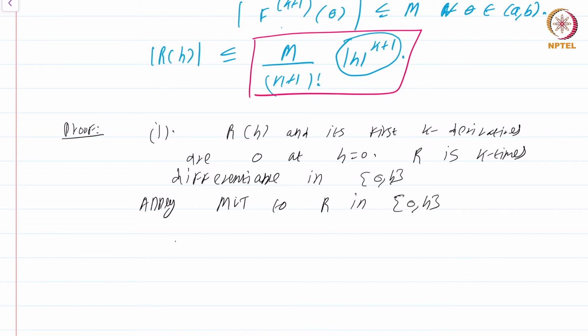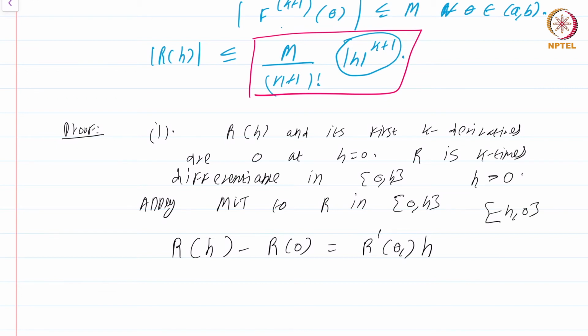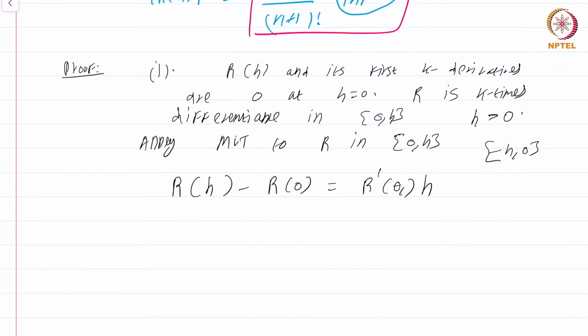Well, R of h minus R of 0, which is 0, is going to be some R prime of theta 1 times h. For convenience I am assuming h is greater than 0, because I am writing 0h.